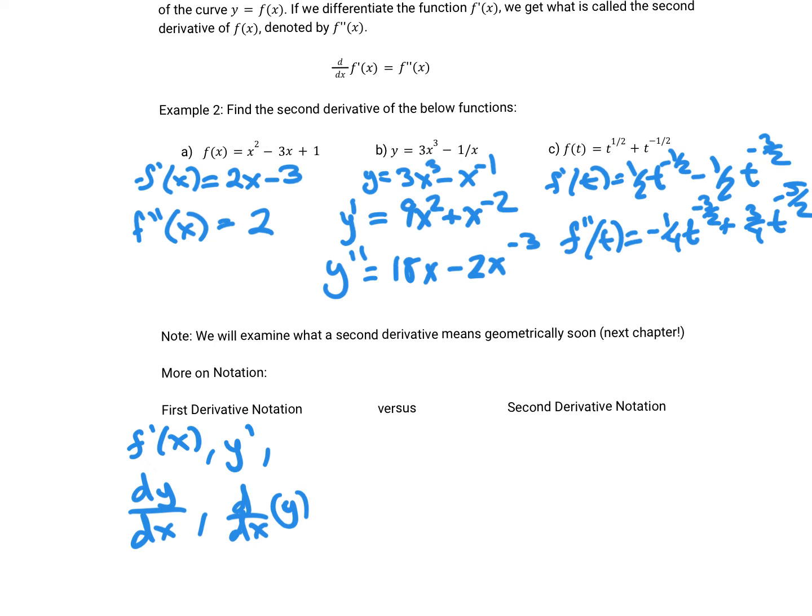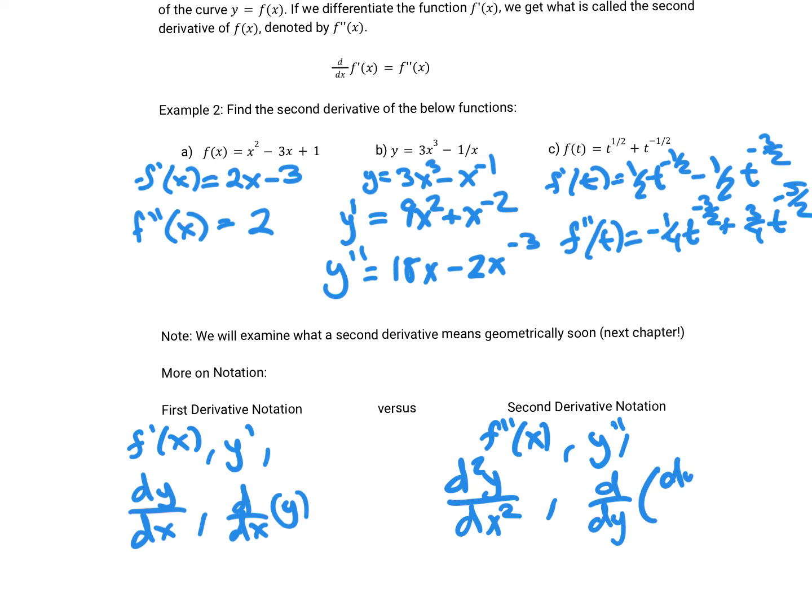Whereas for the second derivative, if I take all of these, you've just got the double prime or y double prime, or instead of dy/dx, we often say d2y/dx squared, or d/dx of dy/dx. So it's taking the derivative of y in terms of x. Those are just some notations that you might see.